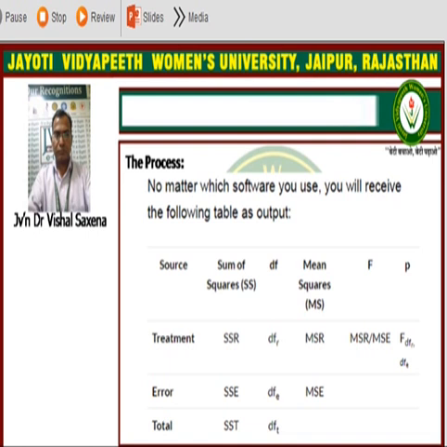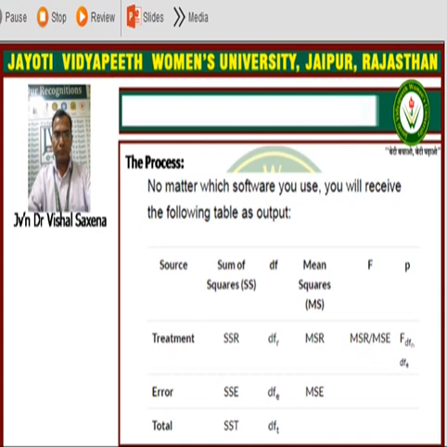Next, DF represents degrees of freedom, that is DFR, DFE and DFT. These are the notations for degrees of freedom. Later we will see what these notations are.